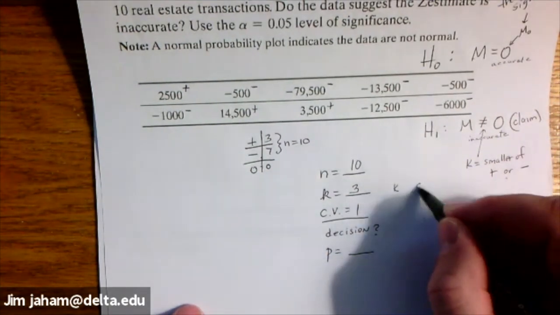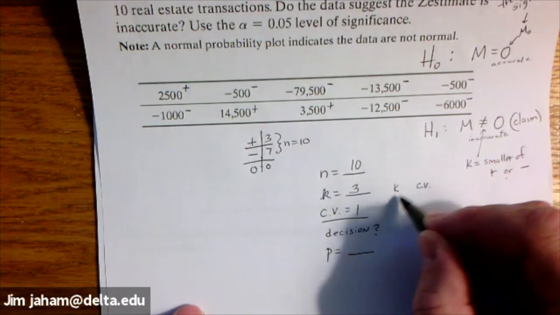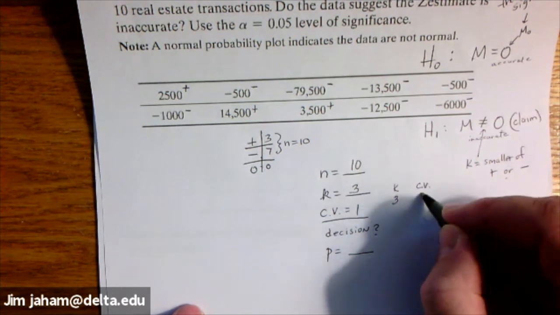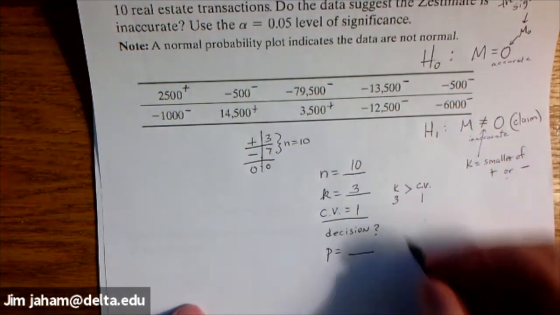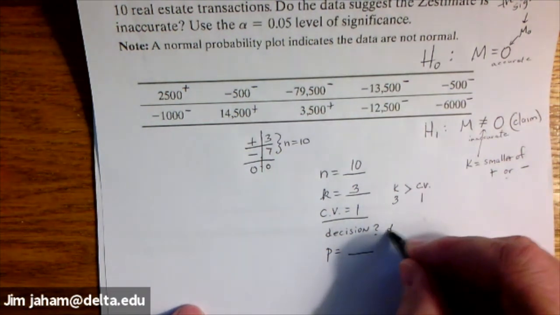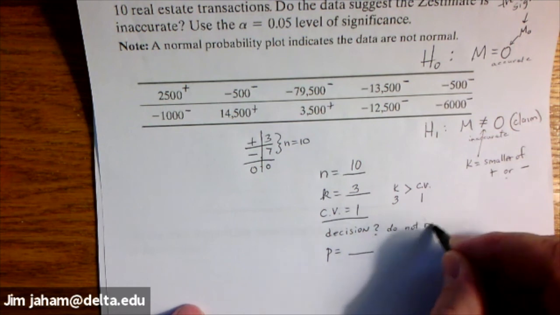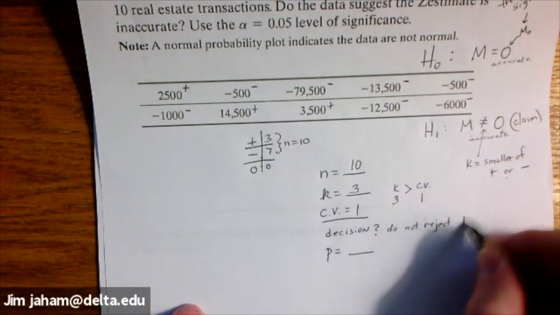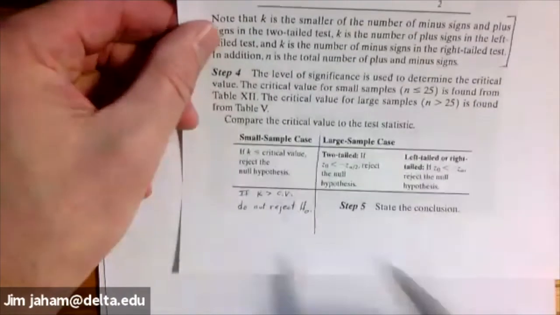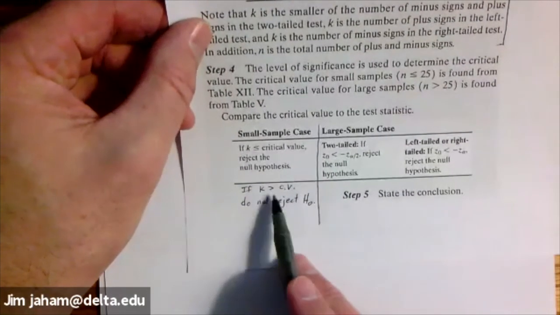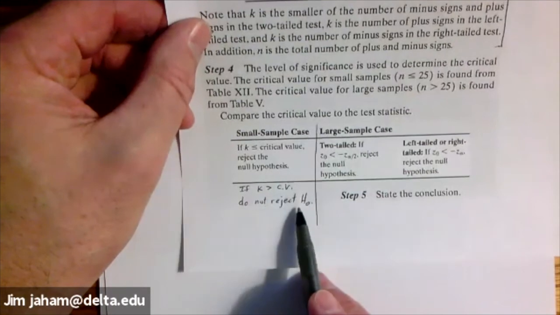K is 3, critical value is 1, K is greater than the critical value. So the decision is do not reject the null hypothesis. If K is greater than critical value, do not reject.